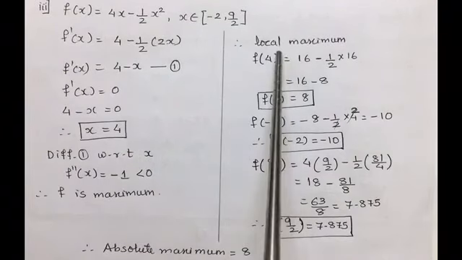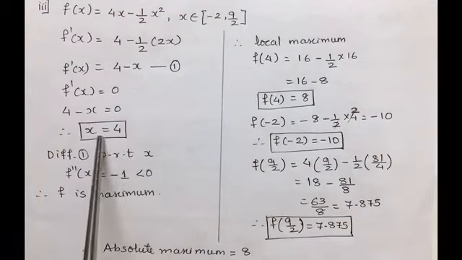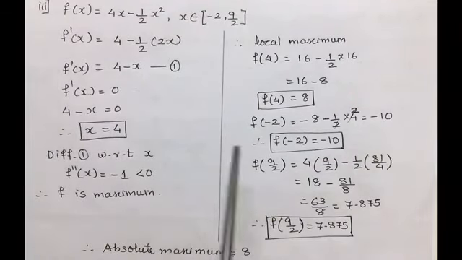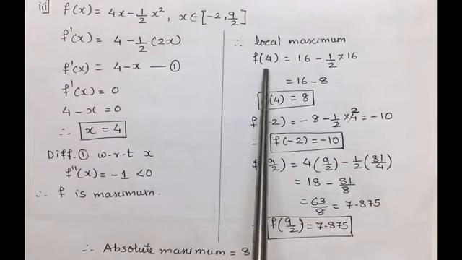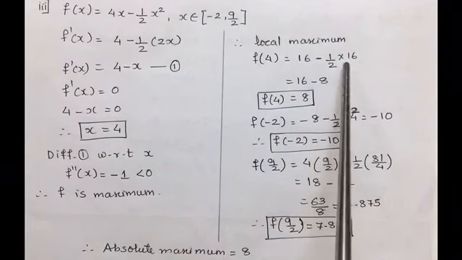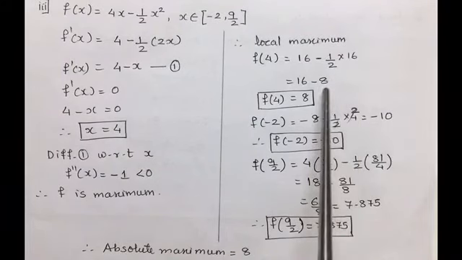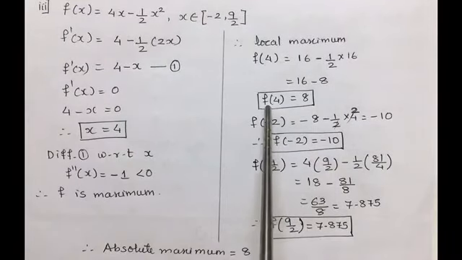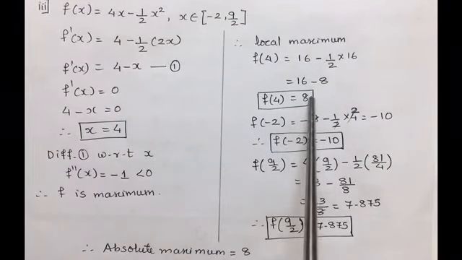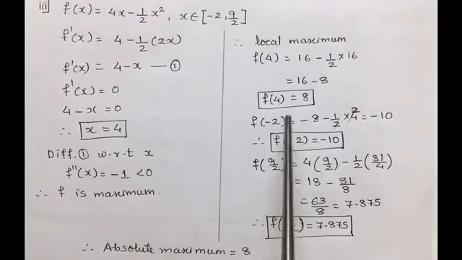So taking up the local maximum by keeping the value of x equal to 4 in f, we get f of 4 is equal to 16 minus 1 upon 2 into 16. Cancellation of 2 and 16 gives 8. And f of 4 we got as 8. This is a local maximum.